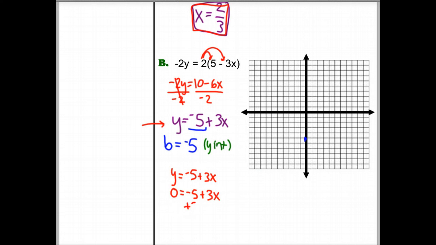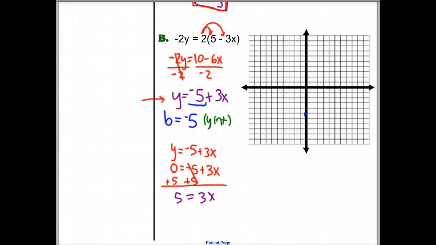We add 5, cancel this out, and then we have 5 equals 3x. Now to get x by itself, we're going to divide by 3. So we have x is equal to 5 over 3.